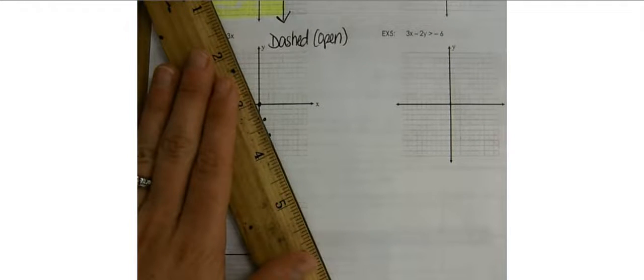So I have 3 points. That's good enough for me. And I'm going to draw a dashed line going through those points, extending the entire grid. Now, unfortunately, in this problem, 0, 0 is on the graph. So I need to pick a different ordered pair. Pick something that's easy, like 1, 1 or negative 1, 1.